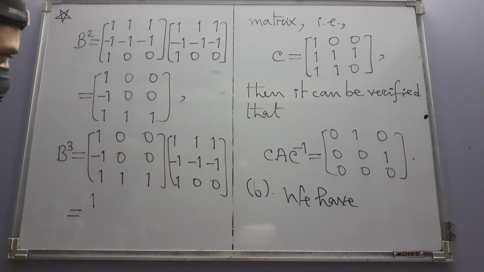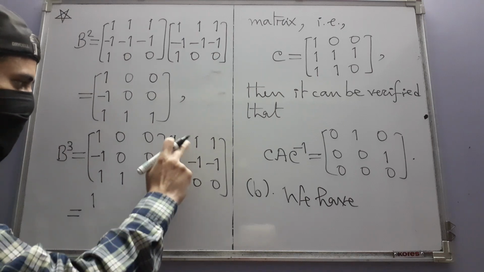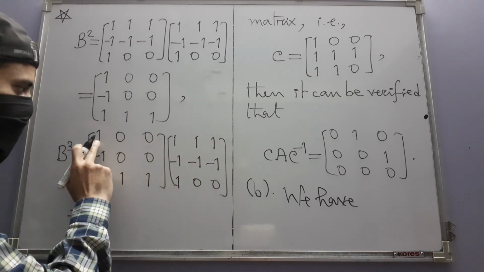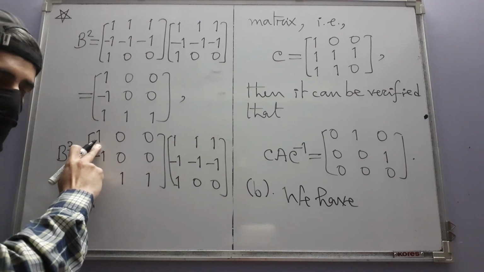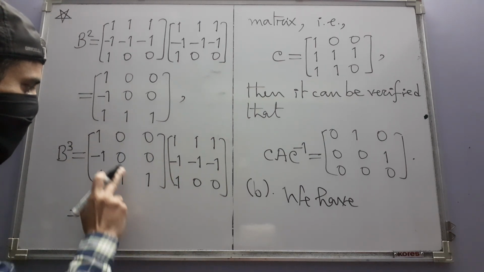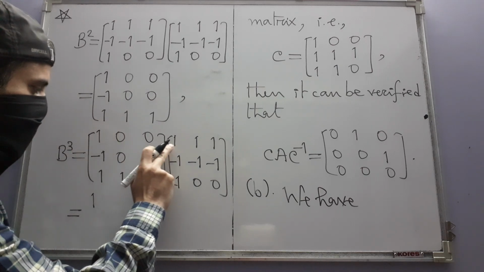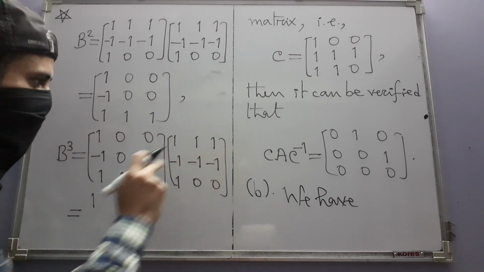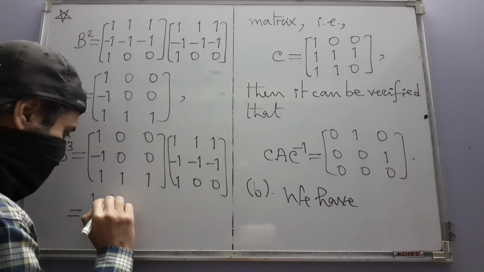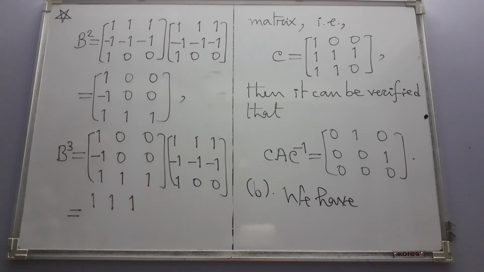You can clearly see that in multiplying these columns by the first row, actually the entry that matters is the first one. The others are 0, so they do not have any effect. And 1 is of course going to get multiplied with the first element of each column. So that's why the first row is simply 1, 1, 1.